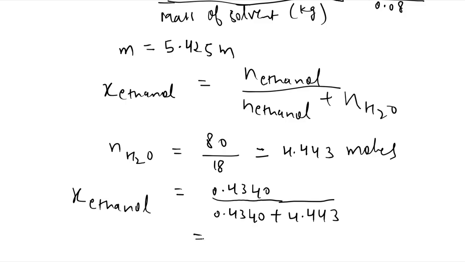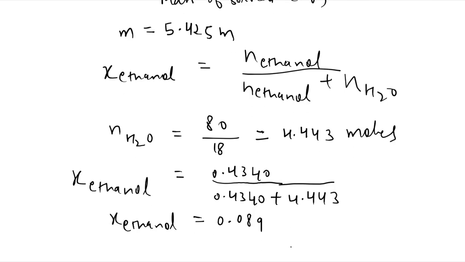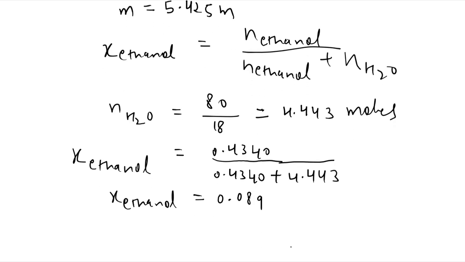So this will be around 0.089. This is the mole fraction of ethanol. You can keep it like this, or you can convert it into a percentage also, which is nothing but multiplying by 100, that is 8.9%.